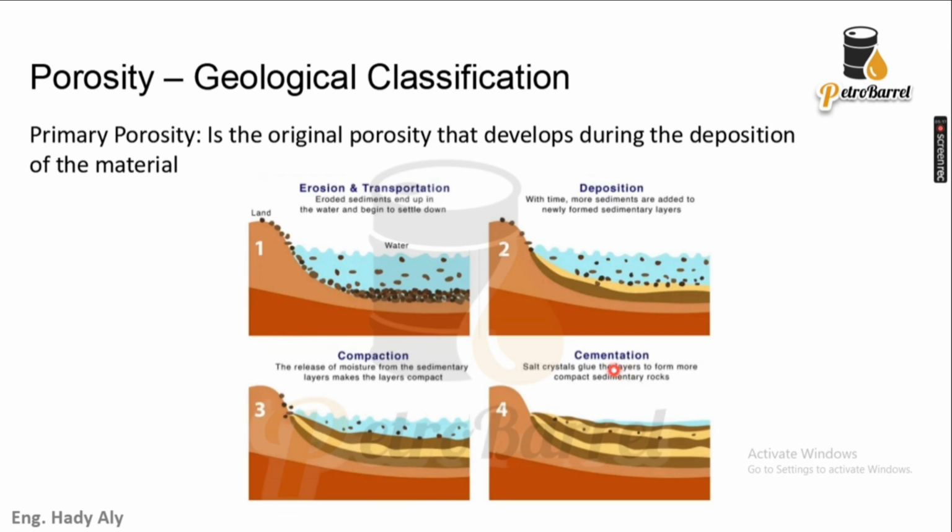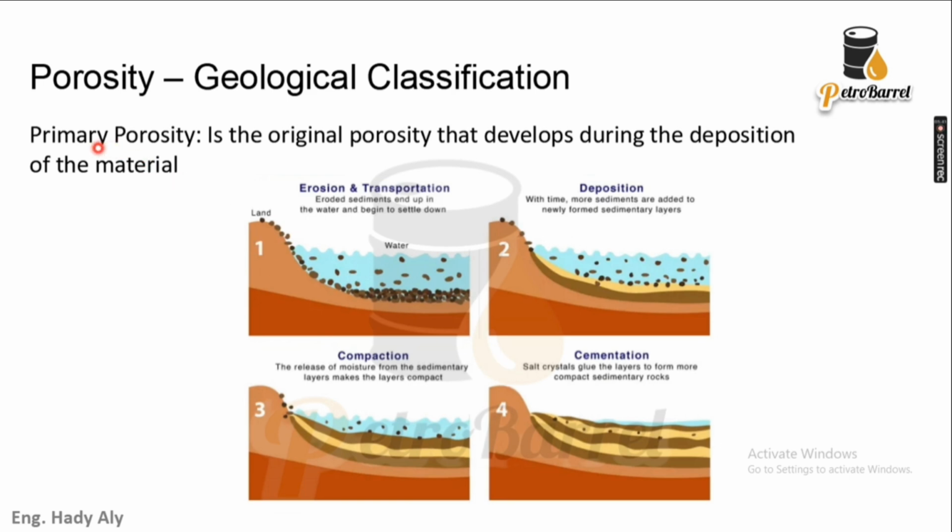Then finally the cementation stage, in which salt crystals glue the layers to form more compact sedimentary rocks. As we will discuss later, inshallah, the meaning of cementing material of the sedimentary rocks. But here I'm talking about the original porosity.